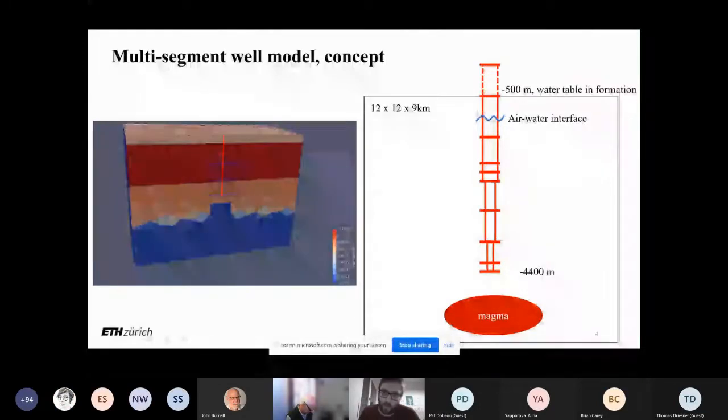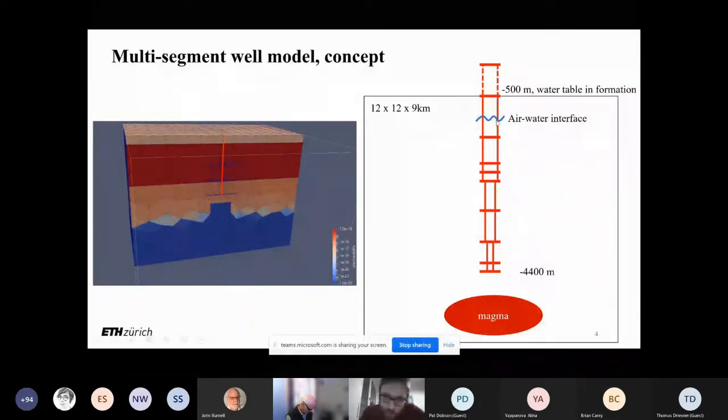So there is this air-water interface that's going to act as a moving boundary condition for pressure, basically.